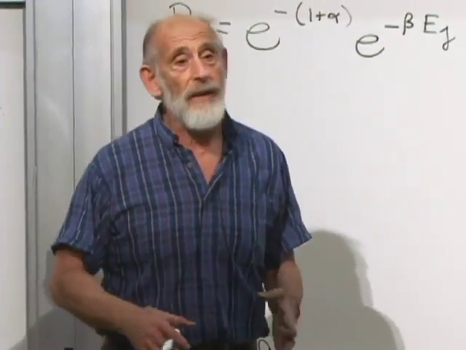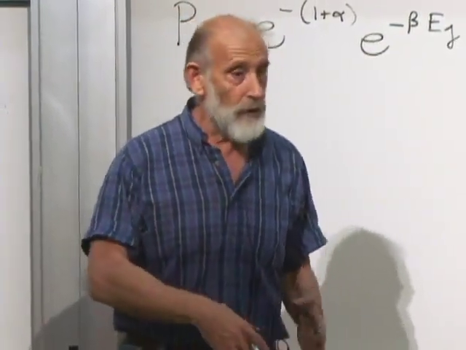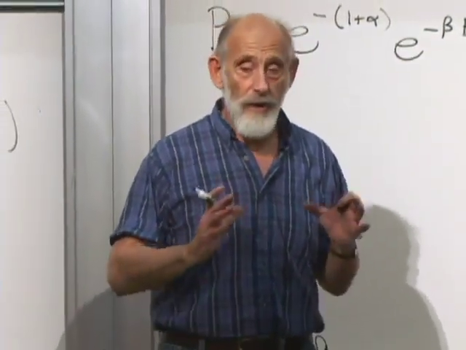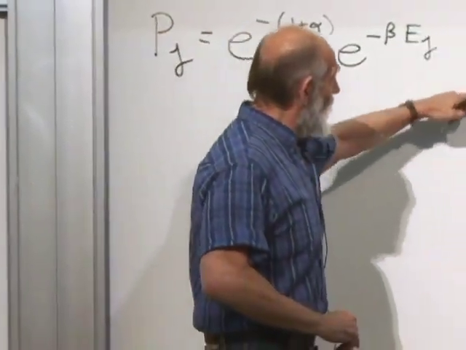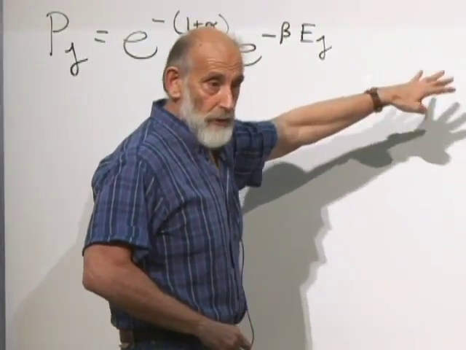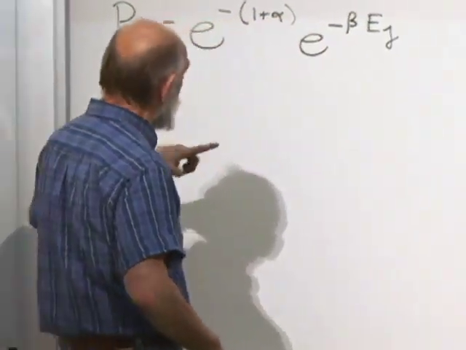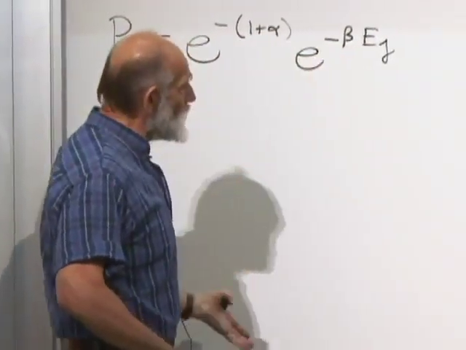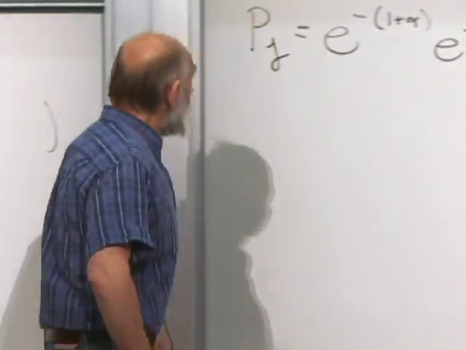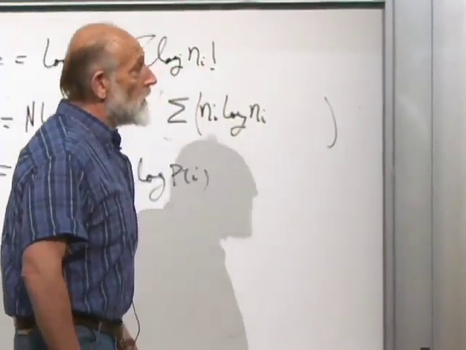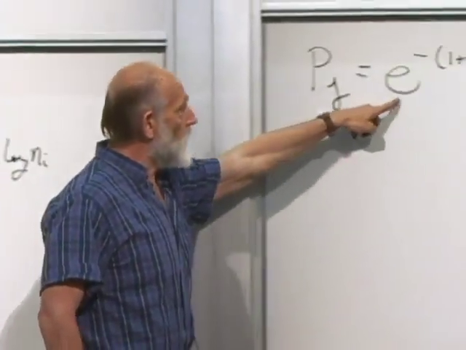We have an independent definition of temperature. If you go back in your notes from the first time, there was an independent definition of temperature, which I'll remind you of, and we need to establish that they're the same thing. But for the time being, beta is a Lagrange multiplier, and we'll find out later that it's 1 over the temperature.